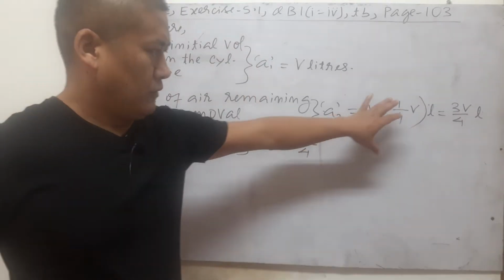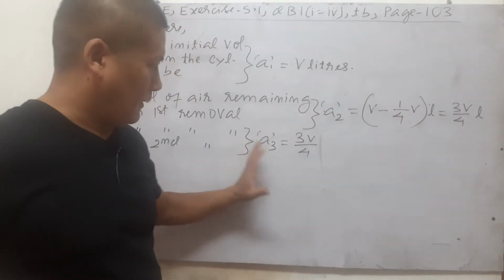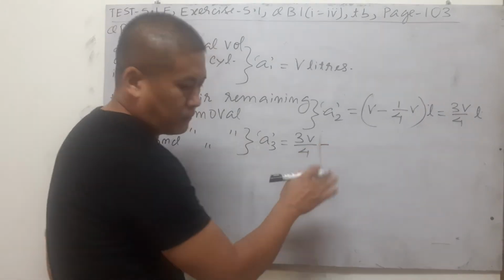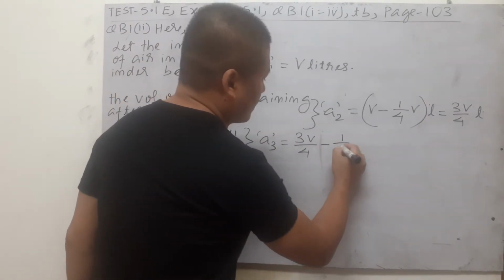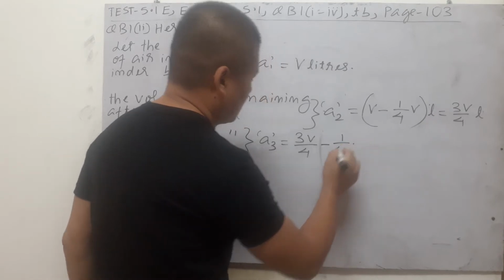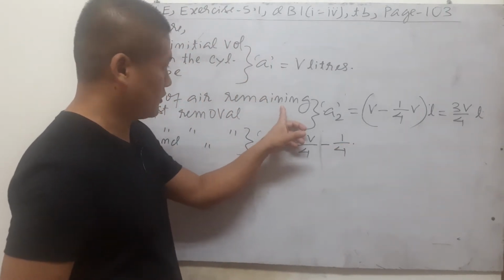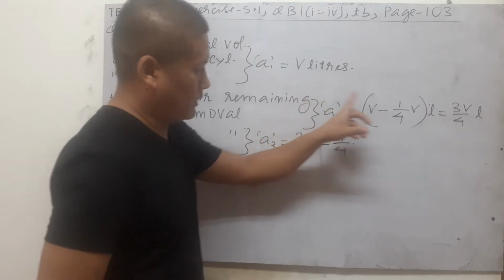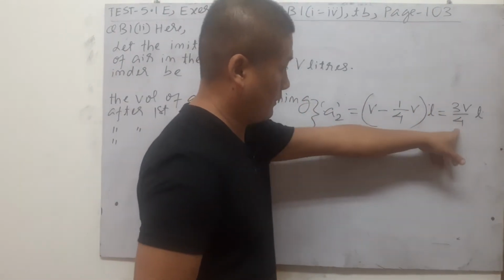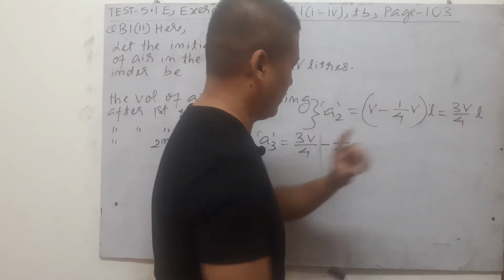So this was the amount just before the next removal, minus one more removal. Each removal is 1/4 of the remaining. So 1/4 of what was remaining after the first removal. So 1/4 of this one.